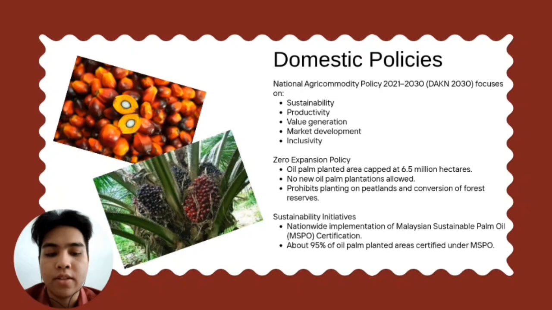That is, it prohibits planting on peatland and conversion of forest reserve. They also initiated the sustainable certification, which is MSPO. About 95% of oil palm planted area is certified under MSPO.